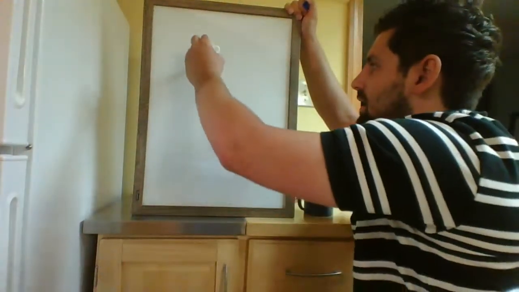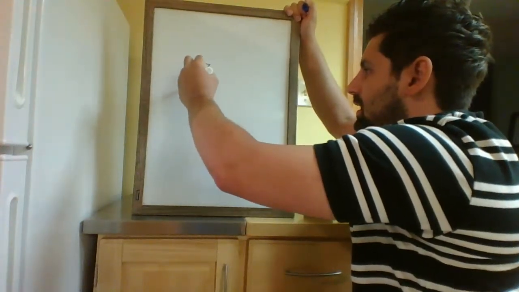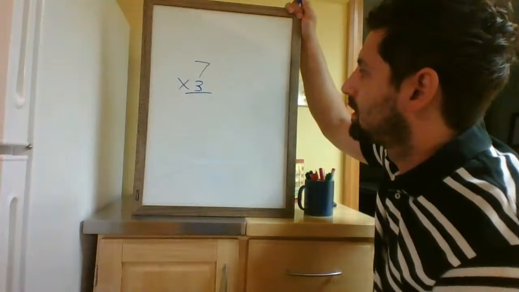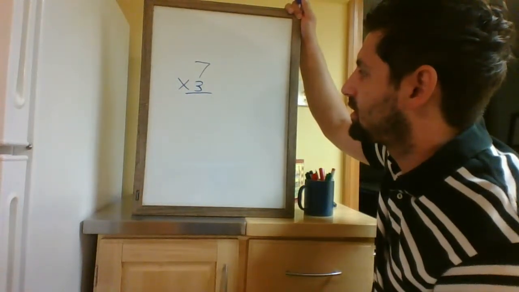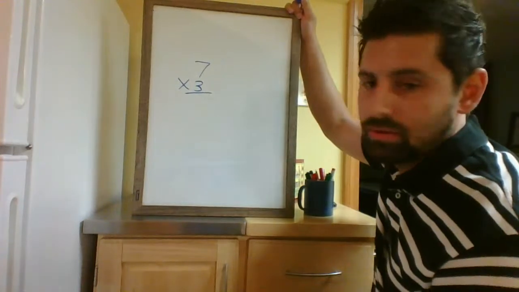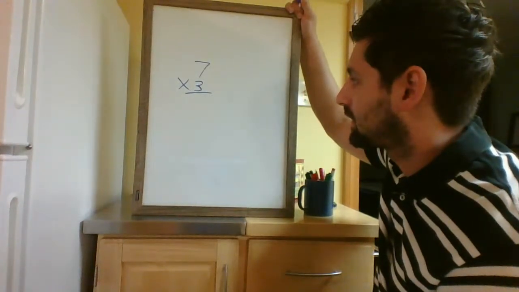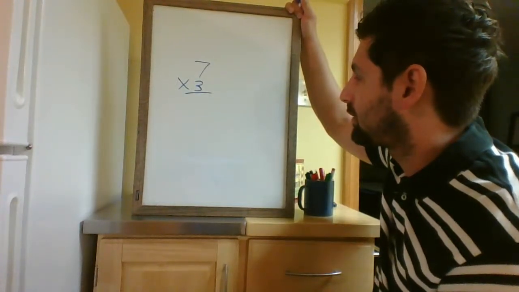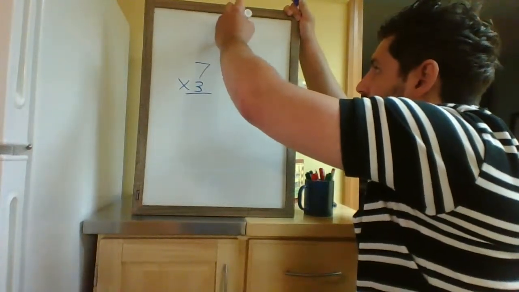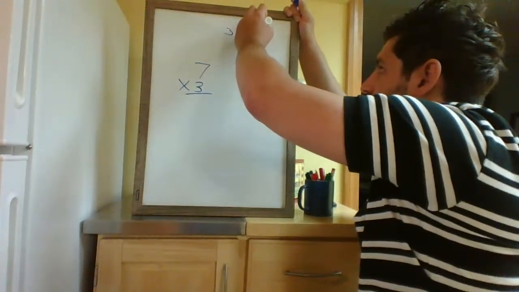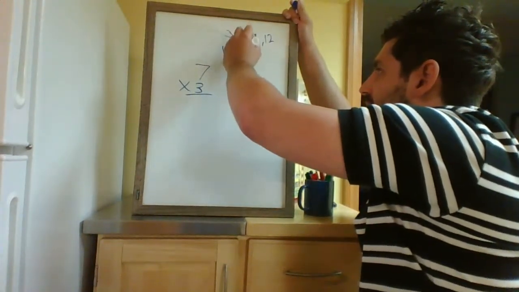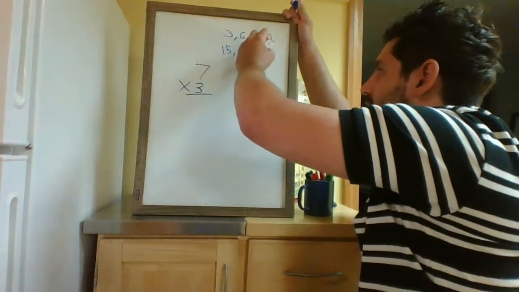All right. Now, another strategy you could use, this kind of coincides with repeated addition, is skip counting. 7 times 3, that means there's 7 groups of 3, so I'm going to count by 3 seven times. 3, 6, 9, 12, 15, 18, 21.